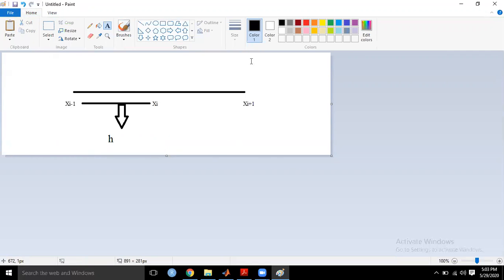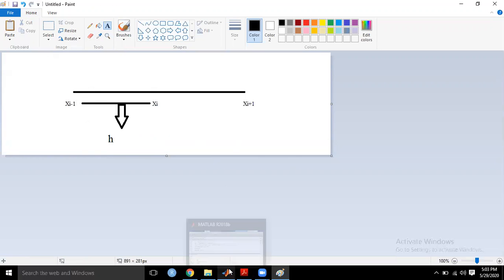So if I want to find the function's derivative at this point, it is basically the difference between the functional value at the ith point and the functional value at the i minus 1th point, divided by the step size.